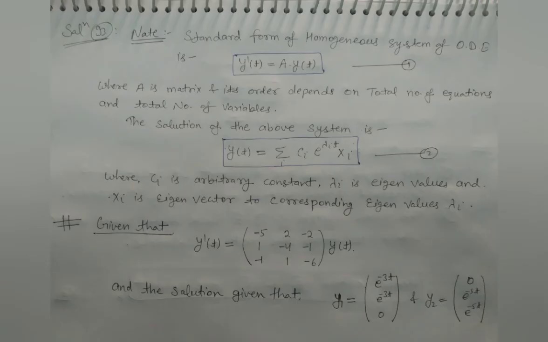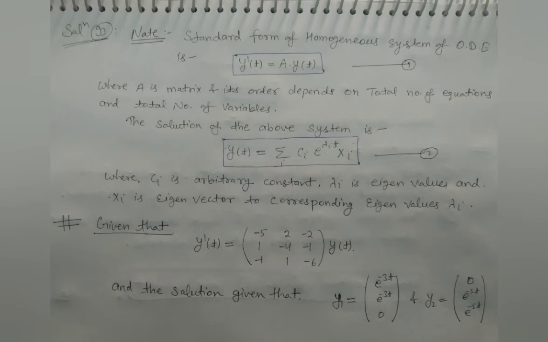Note, the standard form of a homogeneous system of ordinary differential equations is y'(t) equal to A times y(t), where A is a matrix and its order depends on the total number of equations and the total number of variables.